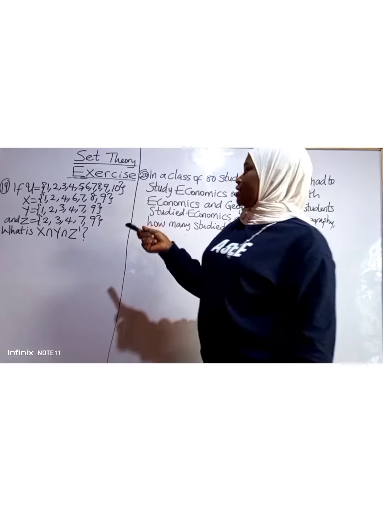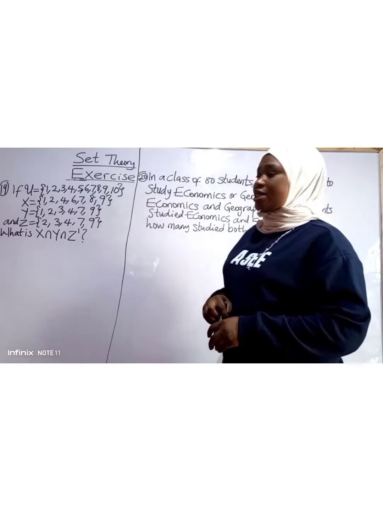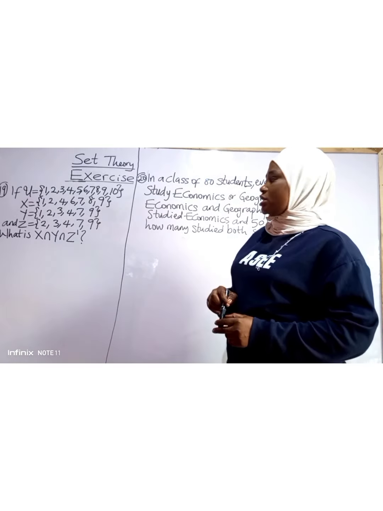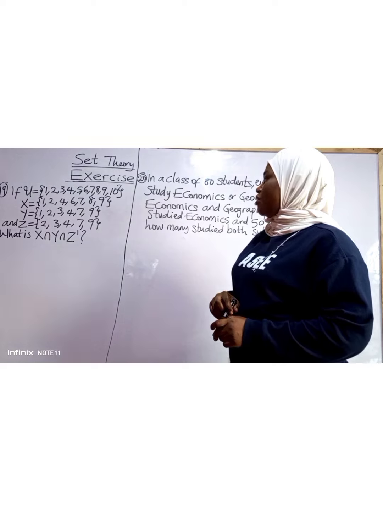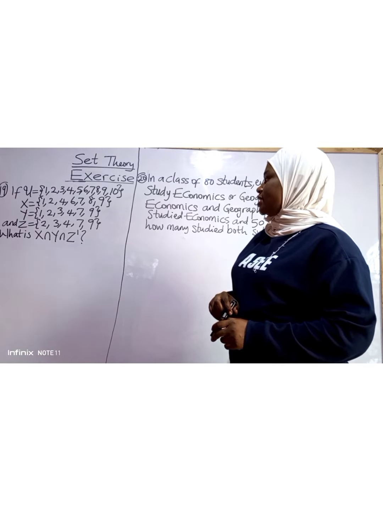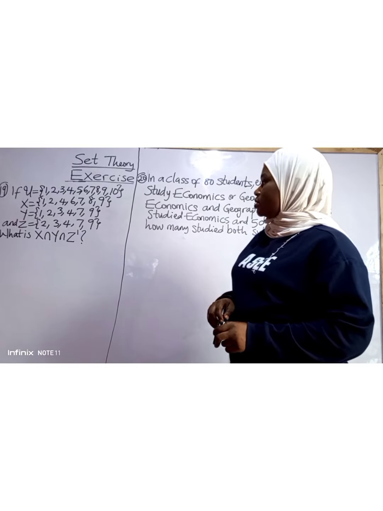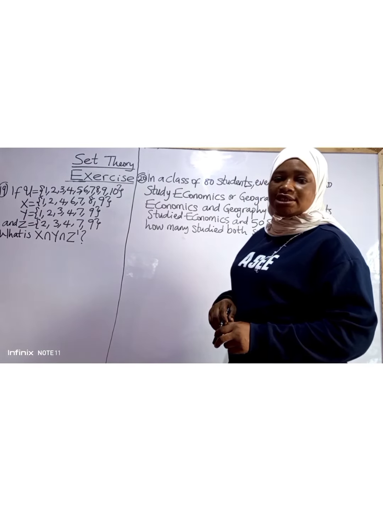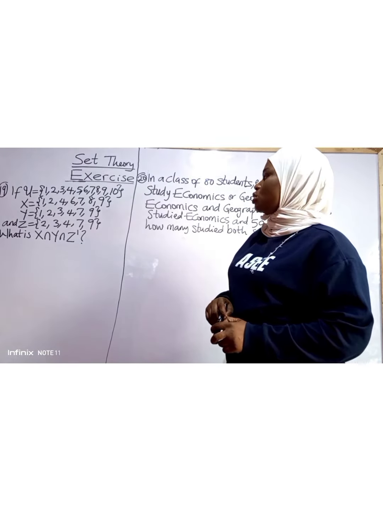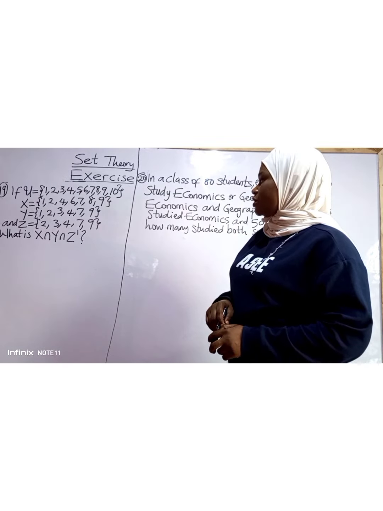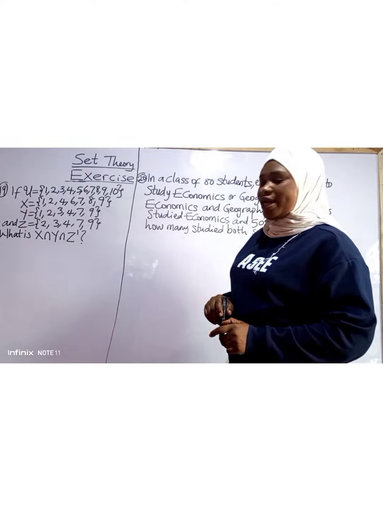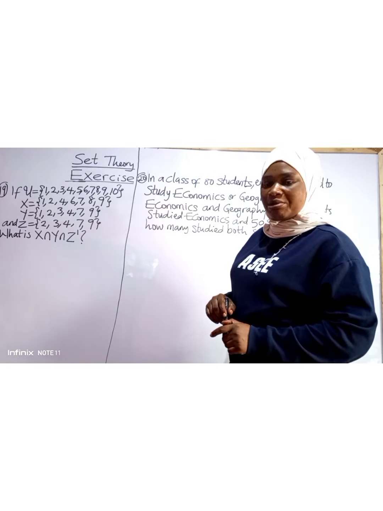Question 19 says if the universal set is equal to 1, 2, 3, 4, 5, 6, 7, 8, 9, 10, set X is equal to 1, 2, 4, 6, 7, 8, 9, and set Y is equal to 1, 2, 3, 4, 7, 9, and set Z is equal to 2, 3, 4, 7, and 9. What is X intersects Y intersects Z prime?